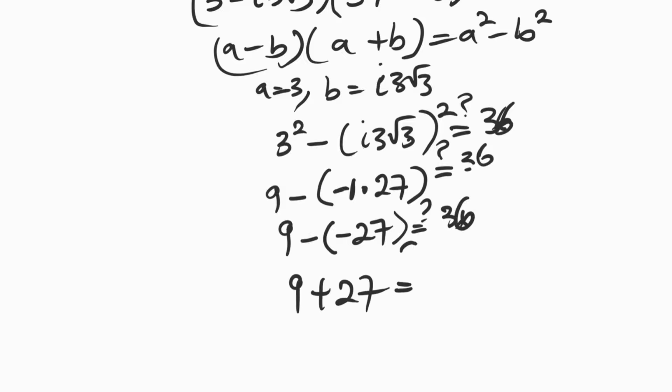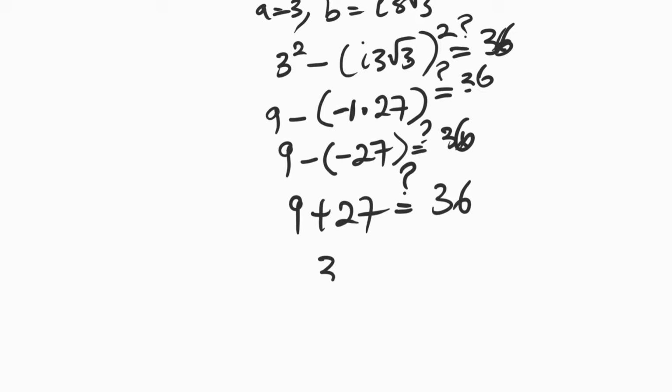When we add 9 and 27, we get 36. Therefore, the left-hand side is equal to the right-hand side.